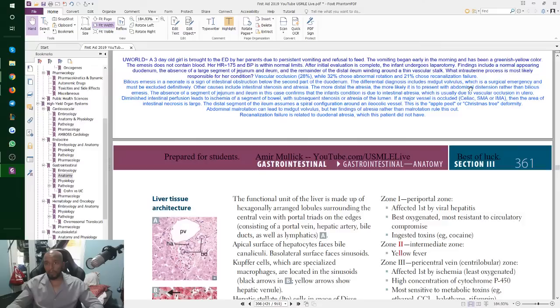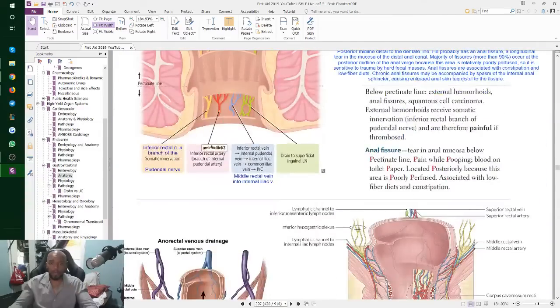All right, and over here when they say the more distal the atresia, the more likely it is to present with abdominal distension rather than bilious emesis, that's really important too. So what they're saying is, let's go back to a better image.